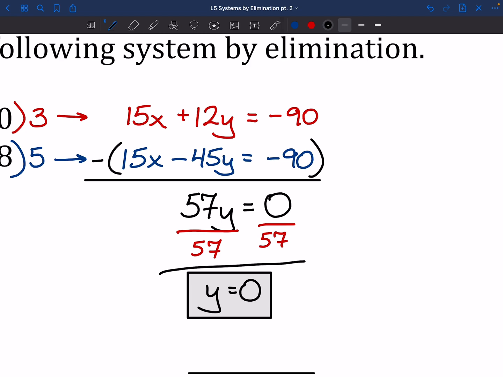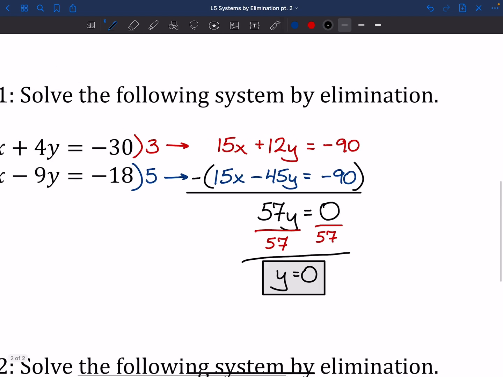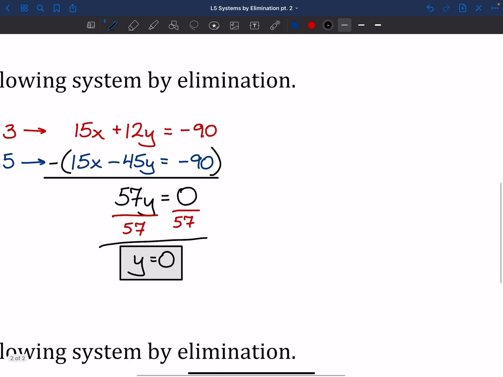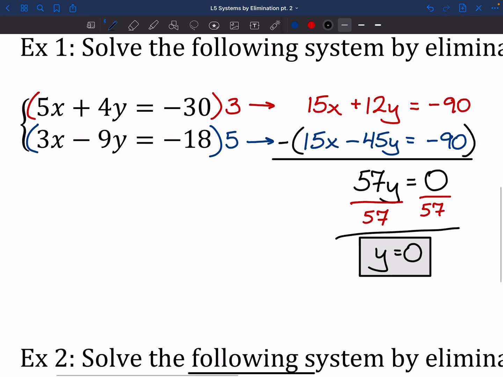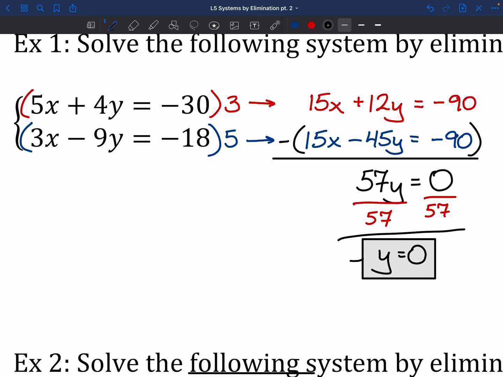After that, we still need to plug it into one of our original equations. You're welcome to use all this space over here for that. Just to keep things on the screen, I'm going to do it underneath over here. So I'm plugging in that y equals 0. I can choose whichever one I want to plug it back into. I'm going to choose the bottom one because the numbers are a little smaller. So we've got 3x minus 9y, so 9 times that 0 equals negative 18.